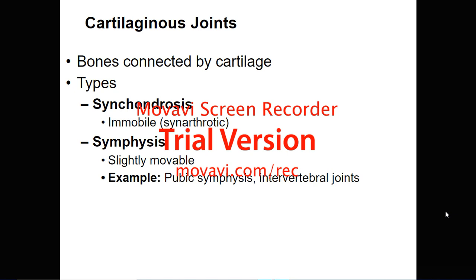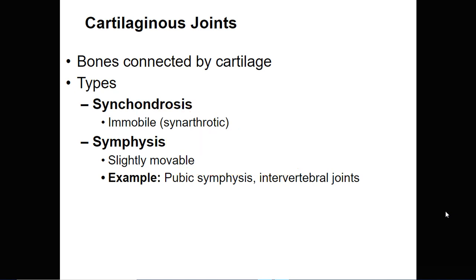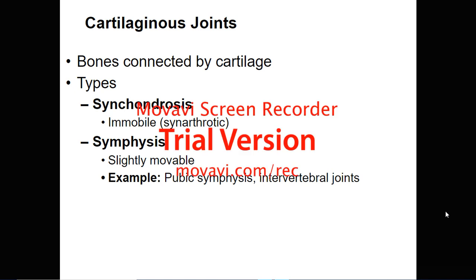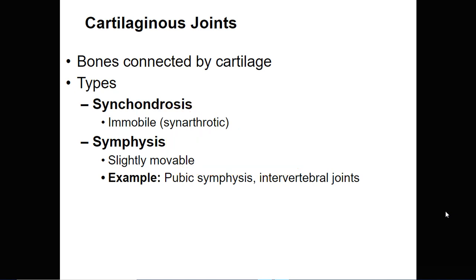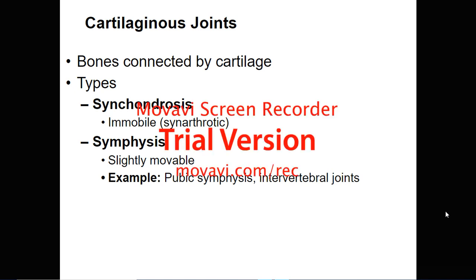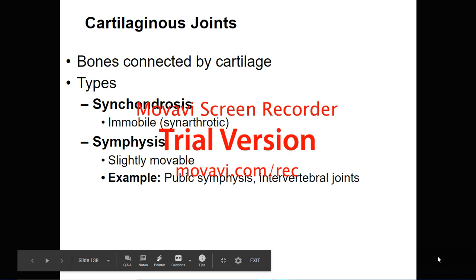Just like fibrous joints, they lack a joint cavity, and they are not very movable. The synchondrosis is immobile. That word, synarthrotic, all it means is that the synchondrosis joints are immobile. And with the symphysis joints, it's slightly movable. Again, we're going to talk about both of them in the next few slides in more detail.